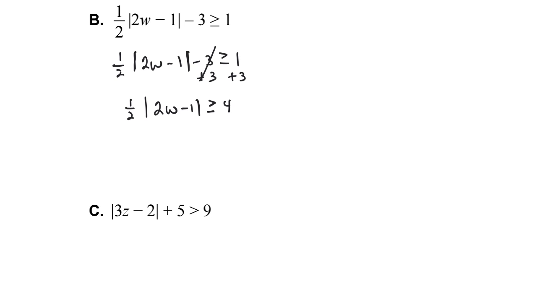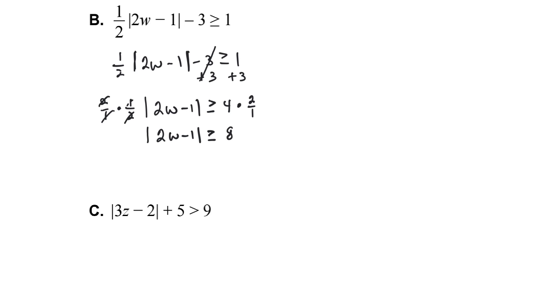And now since you have the 1/2, you're going to multiply by 2 over 1. And we notice that the 2's cancel, and we know it's going to be 1. So you have the absolute value of 2w minus 1 is greater than or equal to 4 times 2, which is 8. And that's what you want to have.